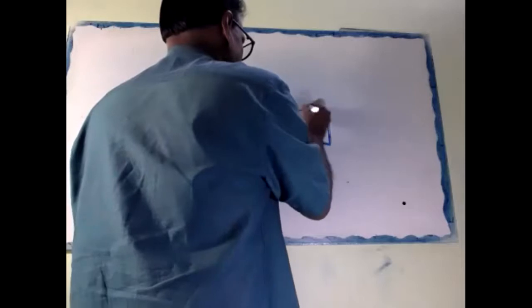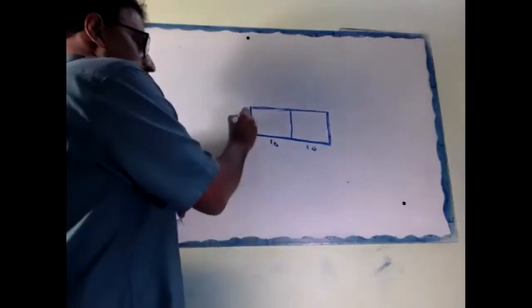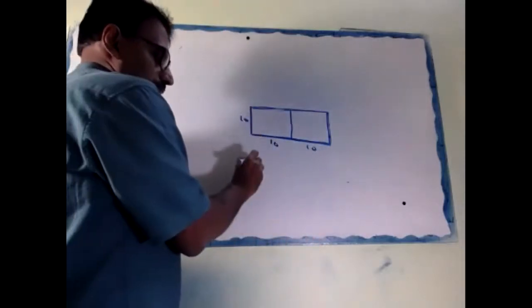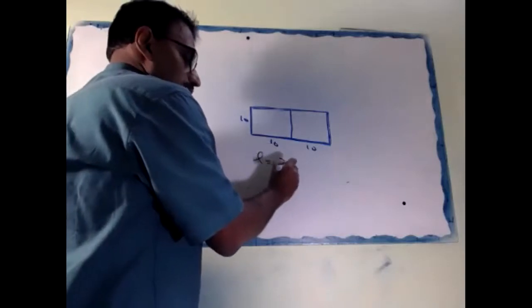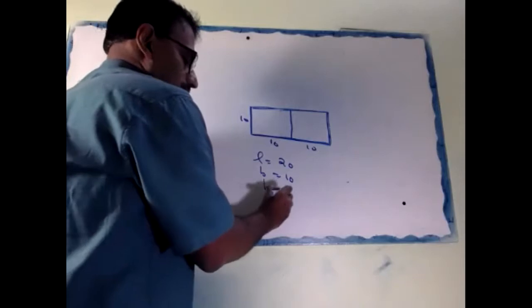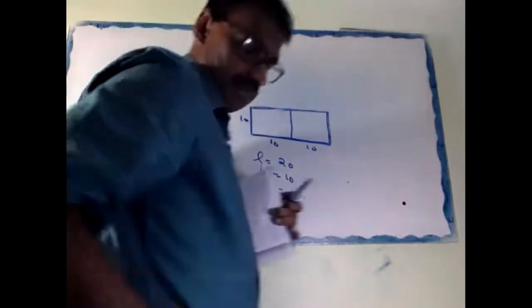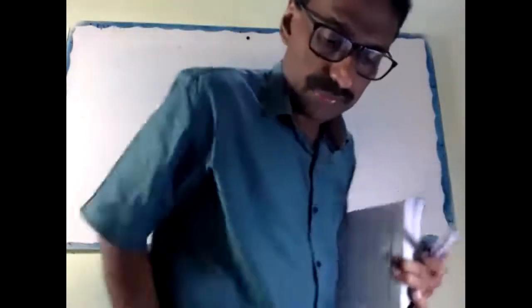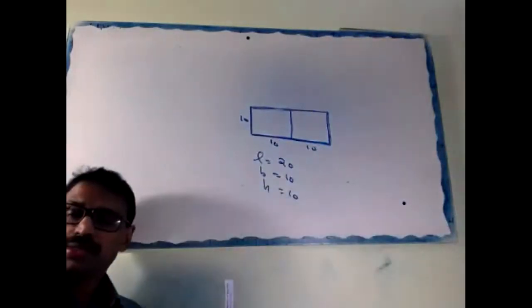Okay, this also 10. How to do? L equal to how much? 20. B equal to 10. H equal to 10. Now we can find out. Do it now. Okay, do first.